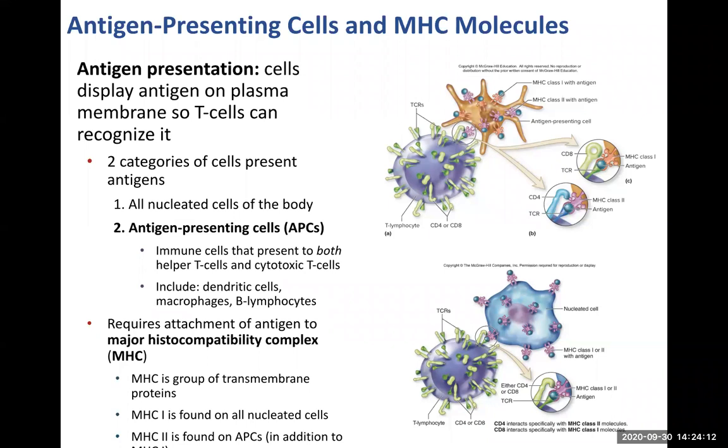All nucleated cells present antigen in the context of what we call MHC1. That's really important when it comes to self-antigen and the fact that our cells are able to ignore cells that have self-antigen. They can do that because all nucleated cells present self-antigen in the context of MHC1.